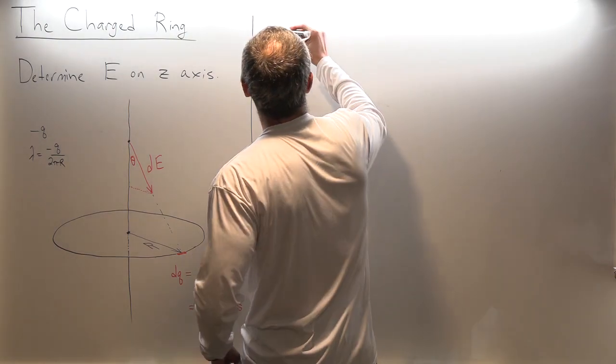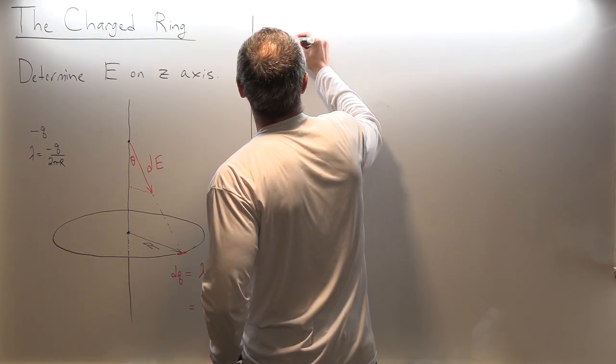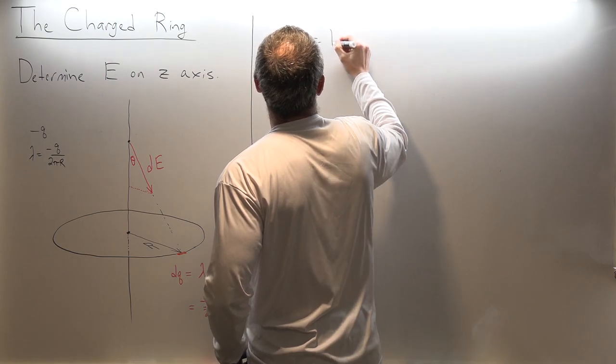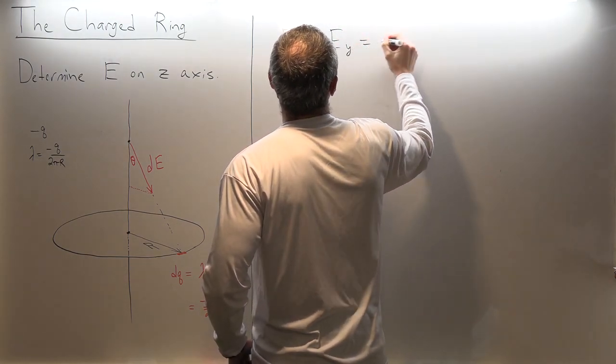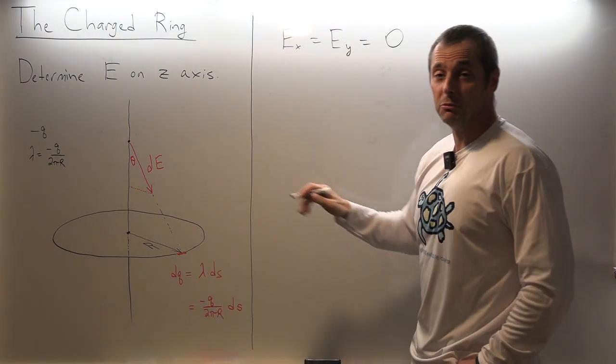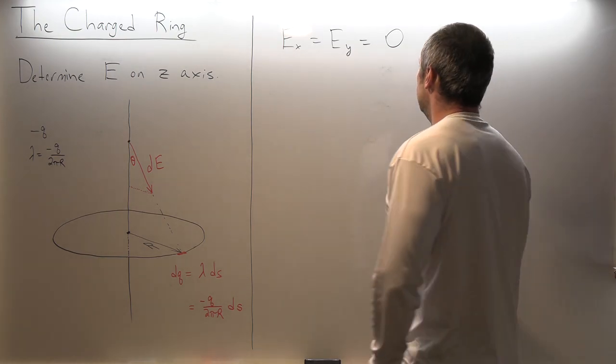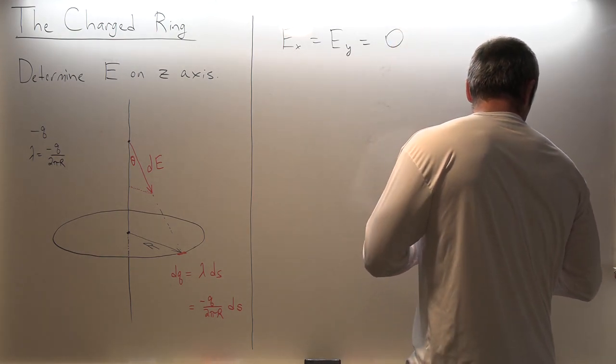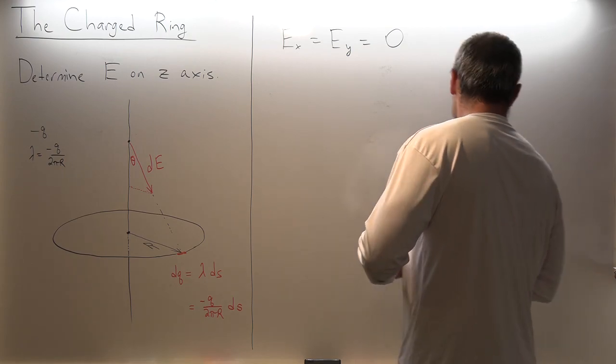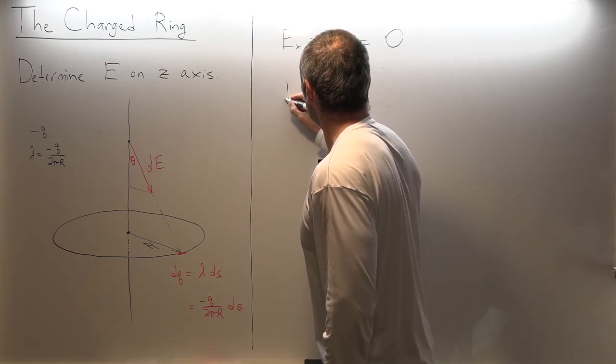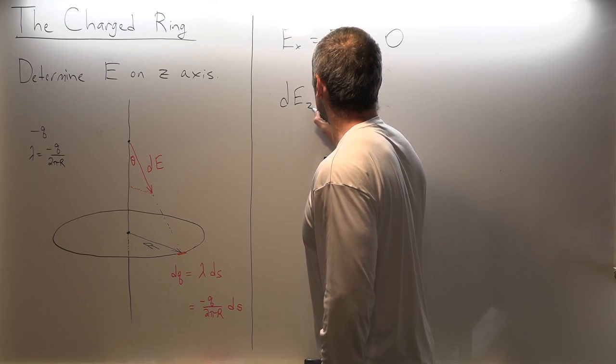I could state right away that the electric field in the X direction and in the Y direction equals 0, just from the geometry of the situation. And then what I want to do is get the dE in the Z direction.